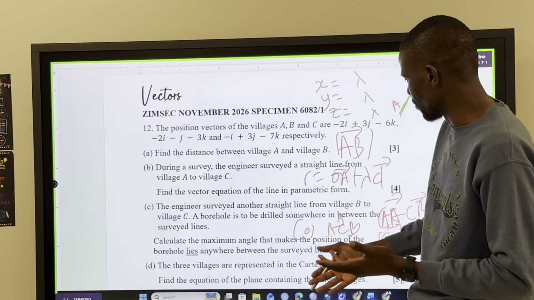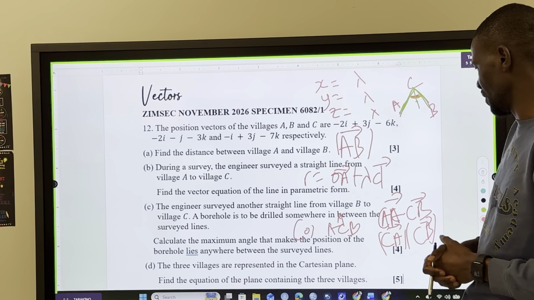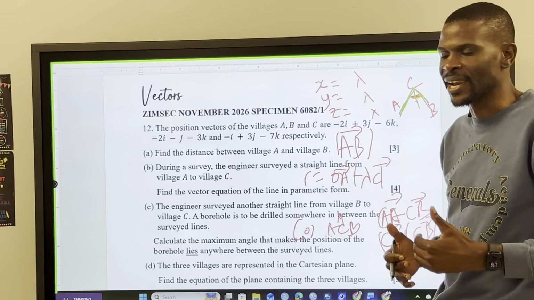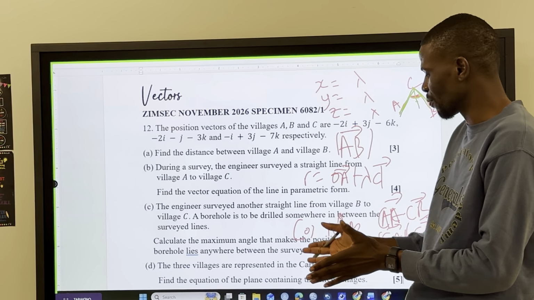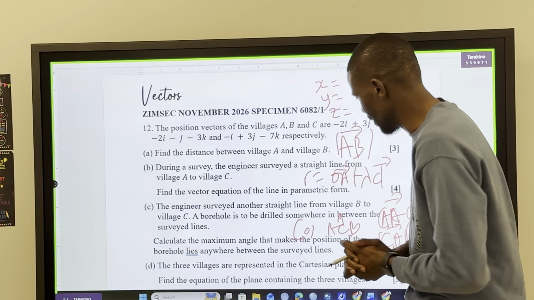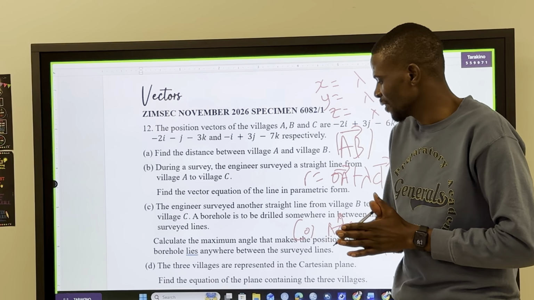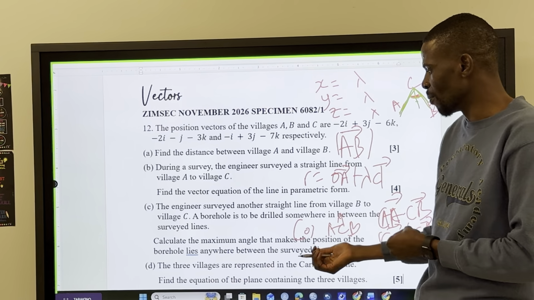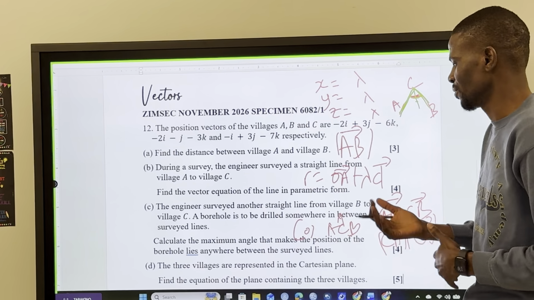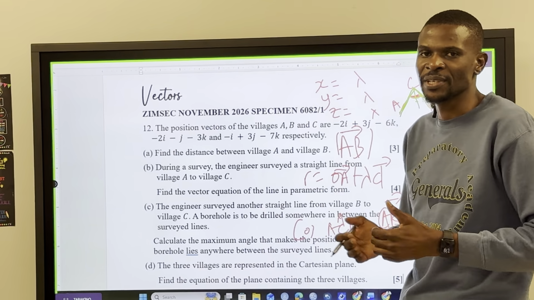So we'll make C or A the common point, depending on the question. Let's see when we get there, but we just need a common point. If we are to make A the common point, then we find vector AB and vector AC. Then from there, we need to calculate the normal, and we know that finding the normal here, we have to find the cross product between those two. Then once we do that, we should be good to go.